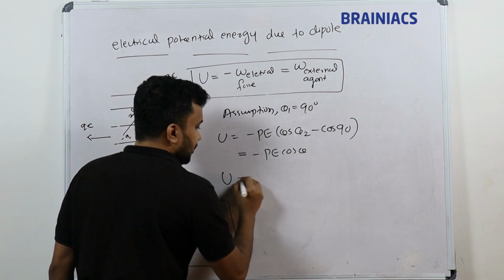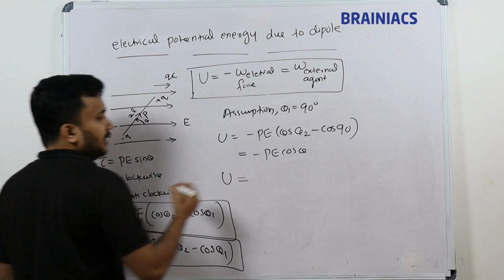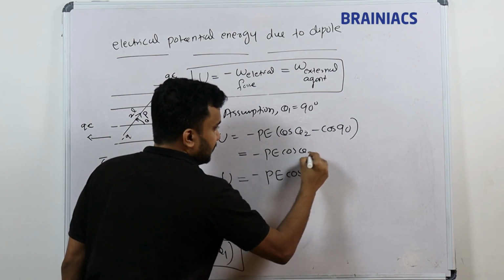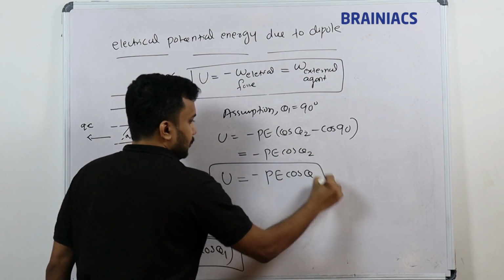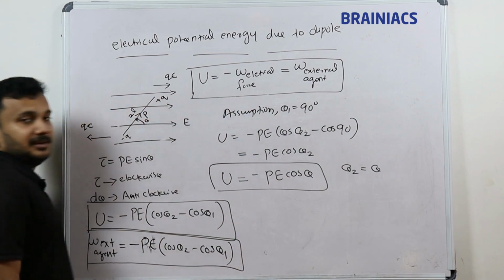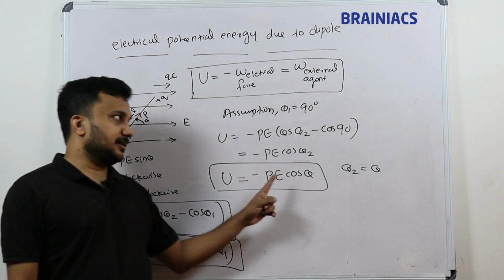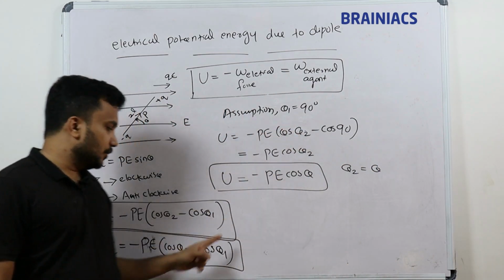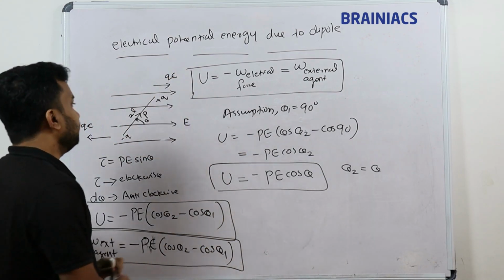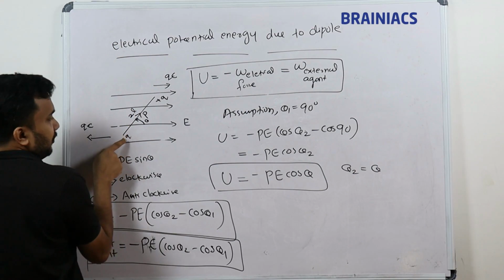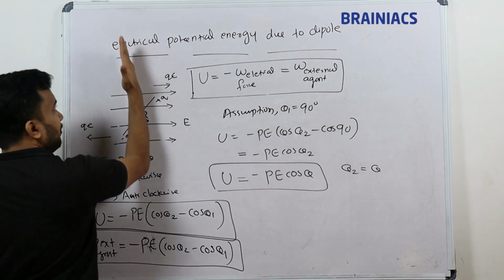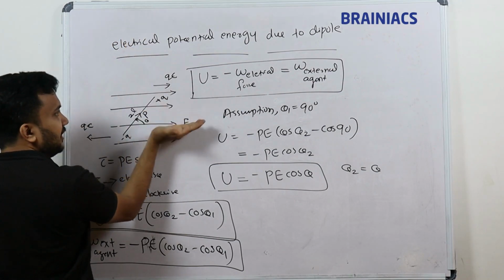So I can say generally the equation for potential energy is equal to minus Pe cos theta, where theta 2 is equal to some angle called theta. When theta 1 is equal to 90 degrees, initially the dipole moment, here minus q to plus q, this p is called the dipole moment, is making 90 degrees.